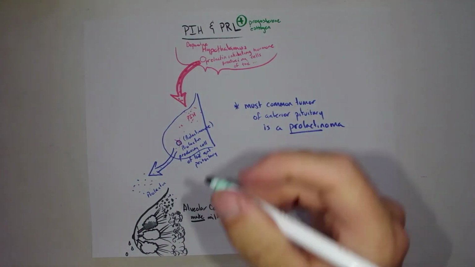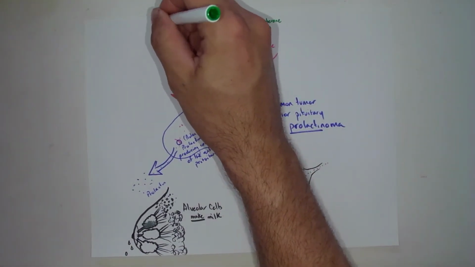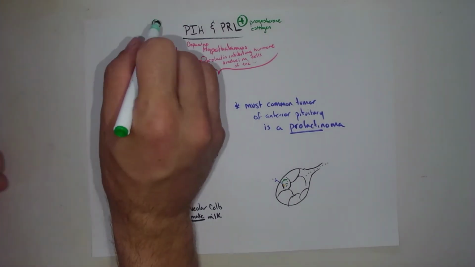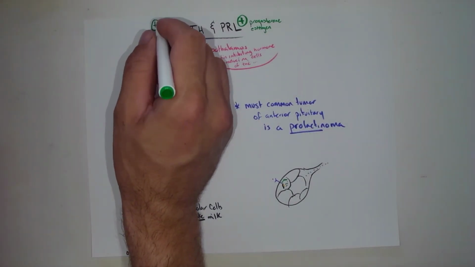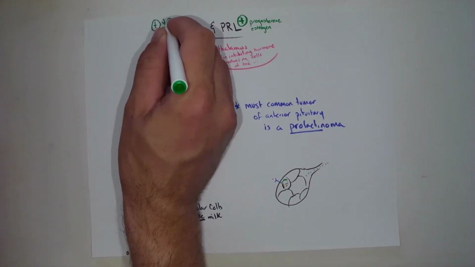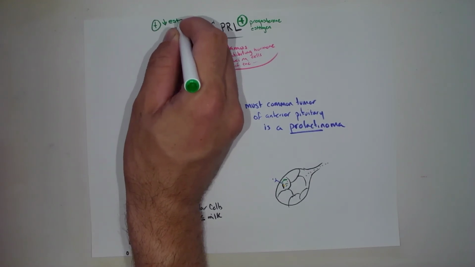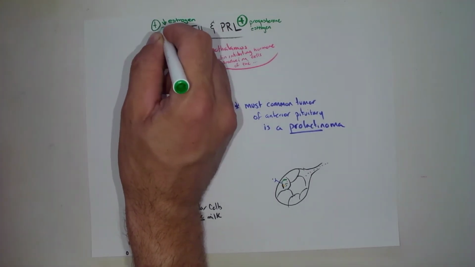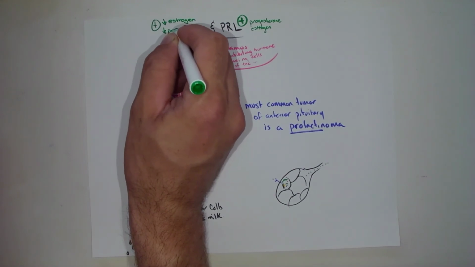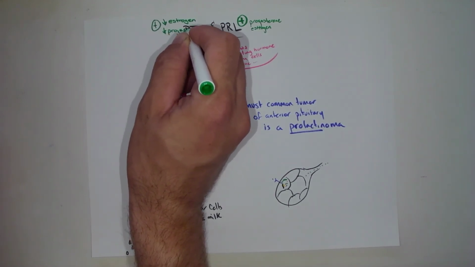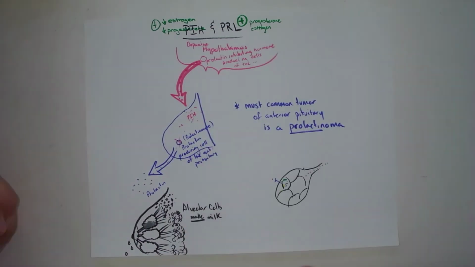What's going to stimulate PIH is going to be low estrogen or low progesterone. All the things that aren't present when someone's not pregnant.